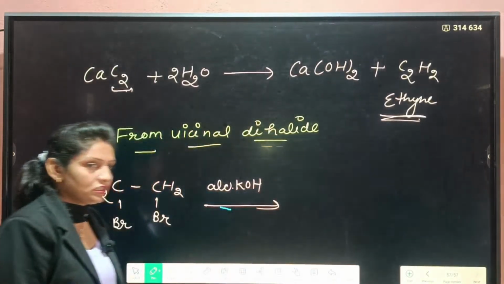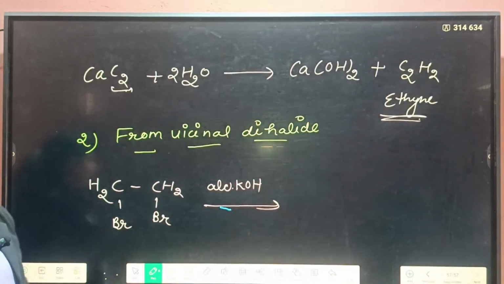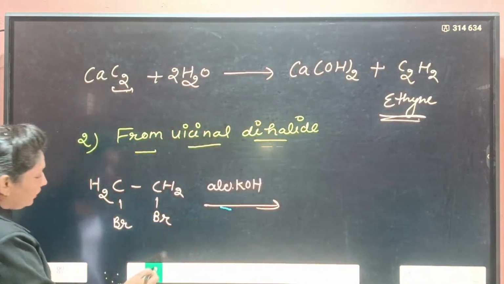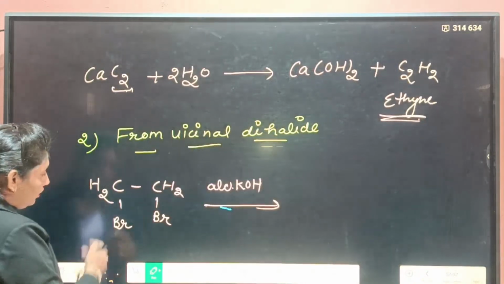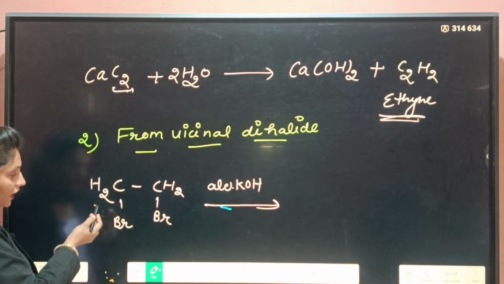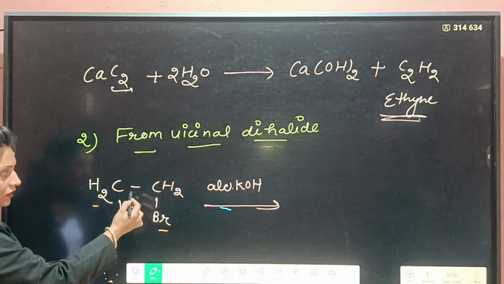I already discussed dehydrohalogenation. Then dehydrohalogenation reaction will take place, students. After the reaction, what will happen? From one carbon, hydrogen will be removed, and from the second, halogen will be removed, and there will be a double bond.